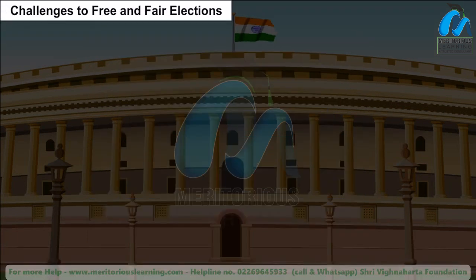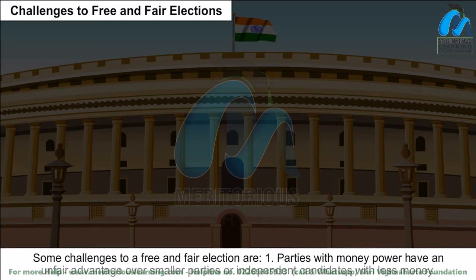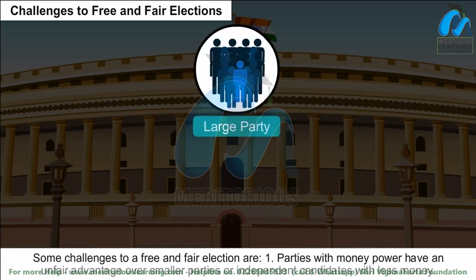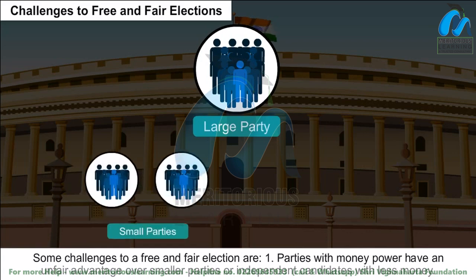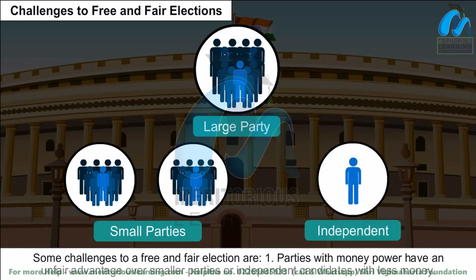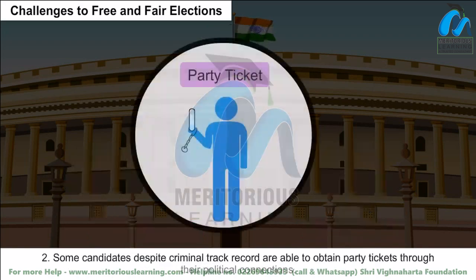Challenges to free and fair elections. Some challenges to a free and fair election are: 1. Parties with money power have an unfair advantage over smaller parties or independent candidates with less money. 2.